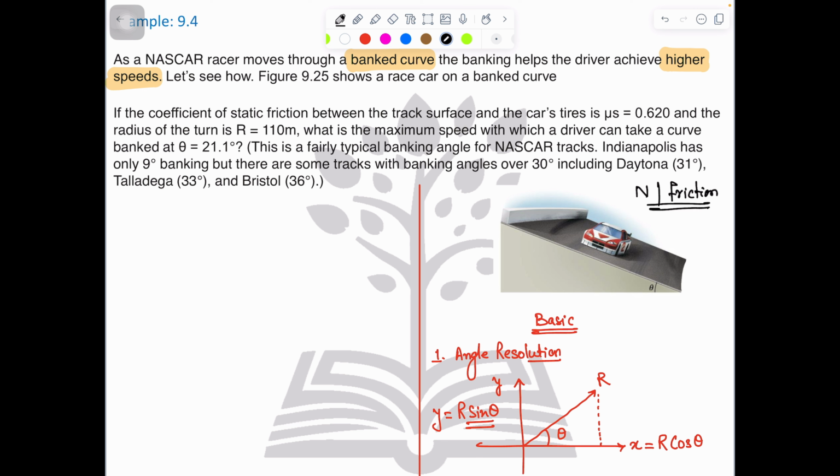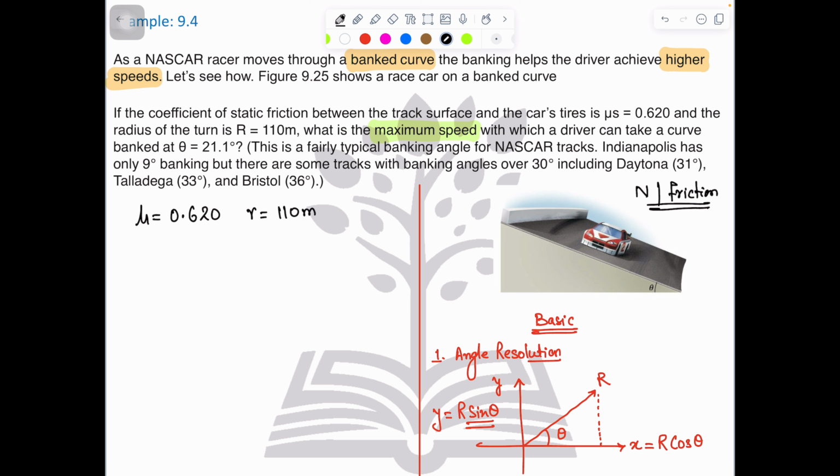If the coefficient of static friction between the track surface and the car tire is, okay, mu is given, 0.620, and the radius r is given, r is 110 meter. What is the maximum speed? Guys, this is the keyword, maximum speed and minimum speed. I will tell you a small difference. Whenever there is a maximum speed, what is the shortcut formula?